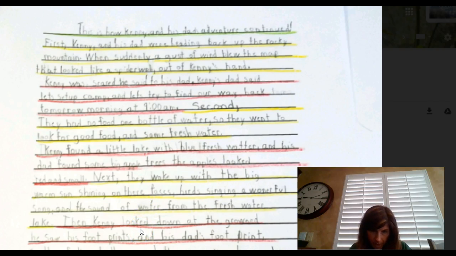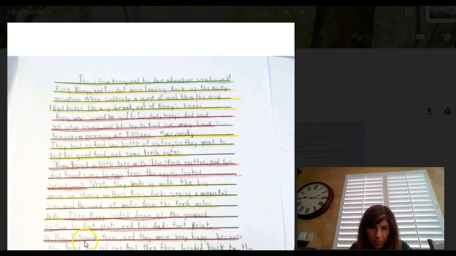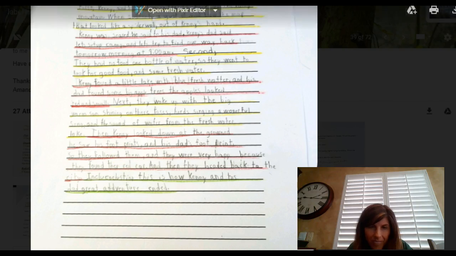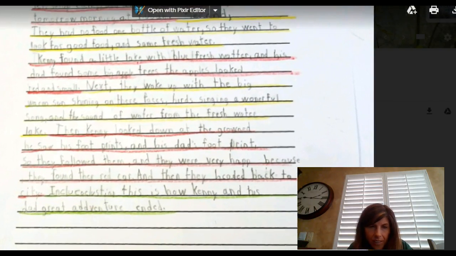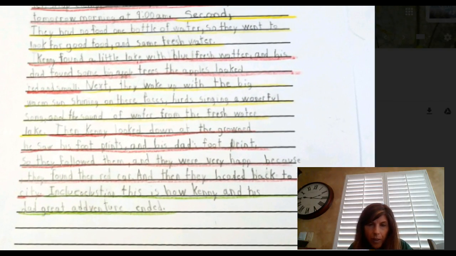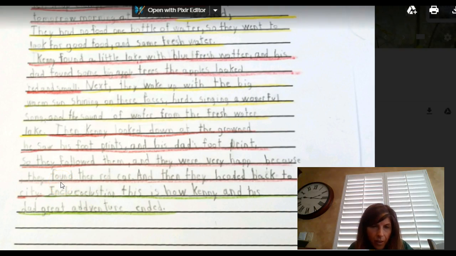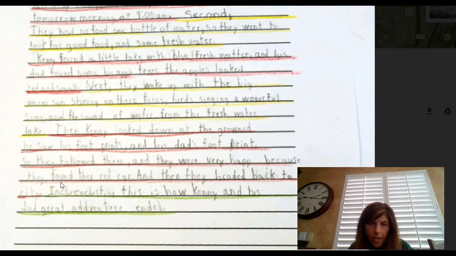Then Kenny looked down at the ground. He saw his footprints and his dad's footprint. And so they followed them and they were very happy because they found their red car. And then they headed back to the city. In conclusion, this is how Kenny and his dad had a great adventure ended.